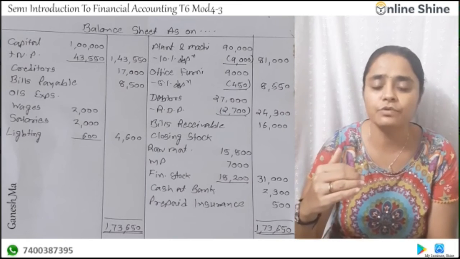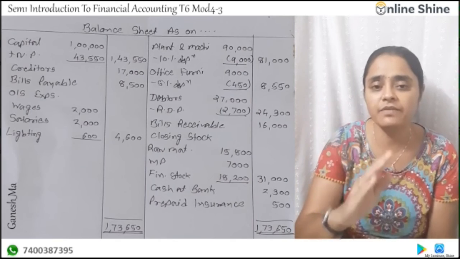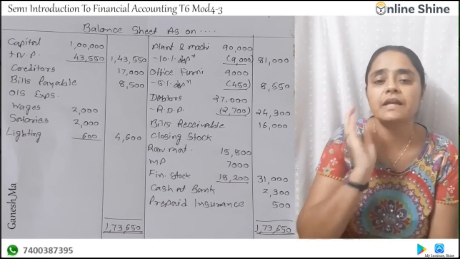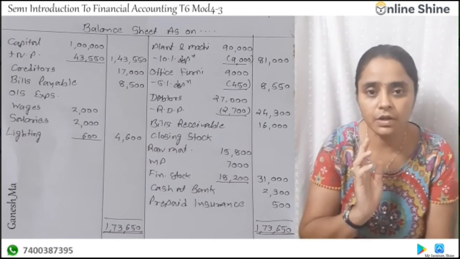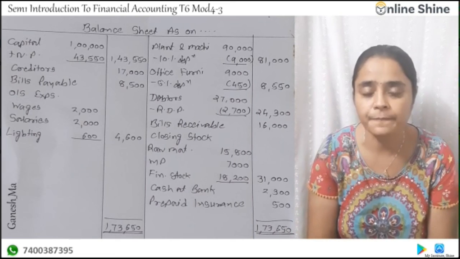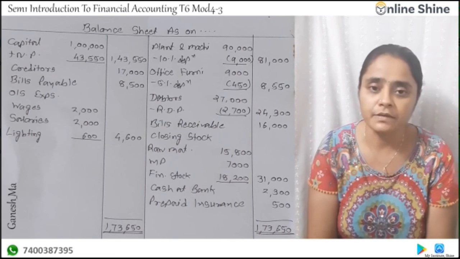So you can leave one or two lines accordingly. First, without giving the effect, you can put the amount in your inner column. Once you give the effect of the adjustment, you can put the final amount in your outer column. So it will look proper also. This way you can solve the final accounts of a sole proprietor.